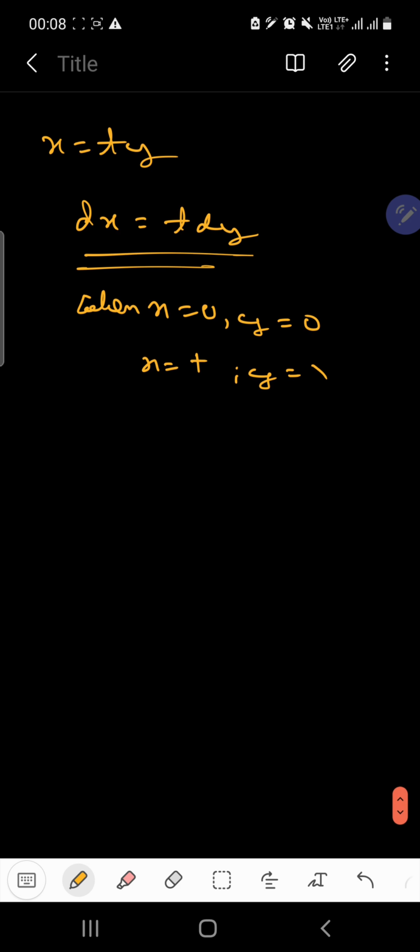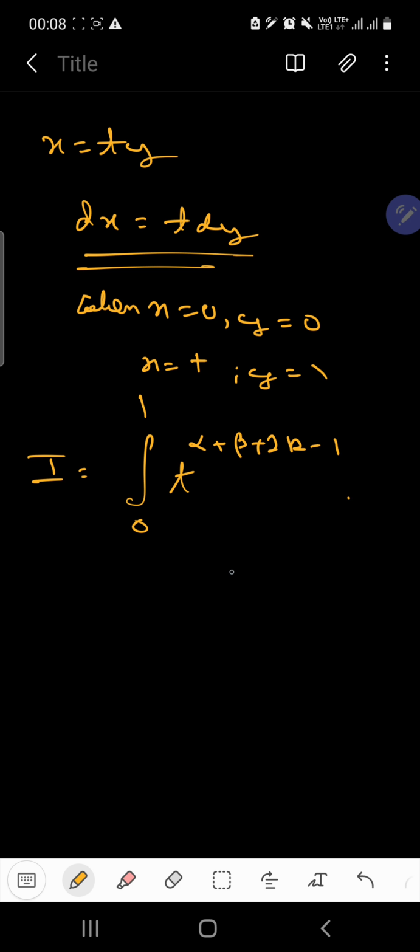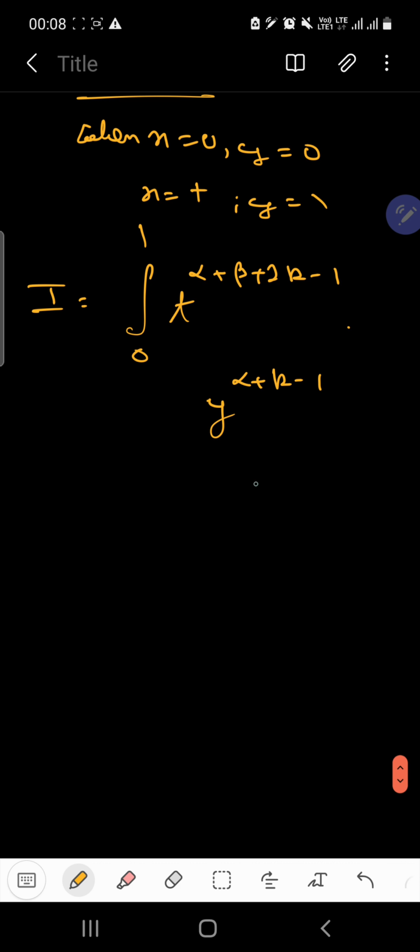So let's call the integration I. This becomes the integral from 0 to 1 of t to the power alpha plus beta plus 2k minus 1 times y to the power alpha plus k minus 1, times 1 minus y to the power beta plus k minus 1 dy. Clear?